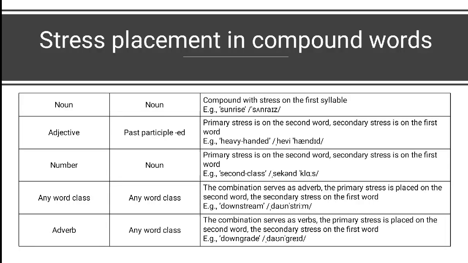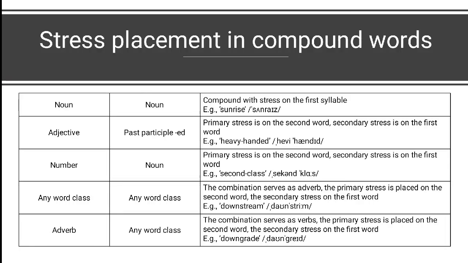Next is if the unit consists of any word class plus any word class. The combination serves as an adverb. Now the primary stress is placed on the second word and the secondary stress on the first word, like in the word downstream. Stream is primary stress and down is secondary stress.